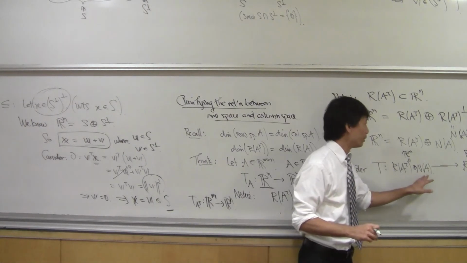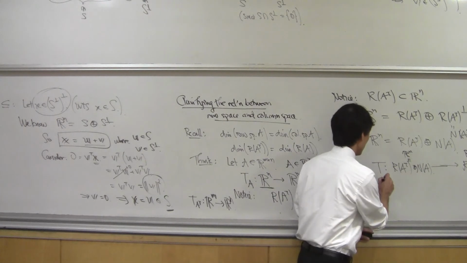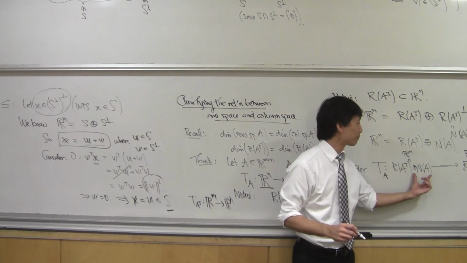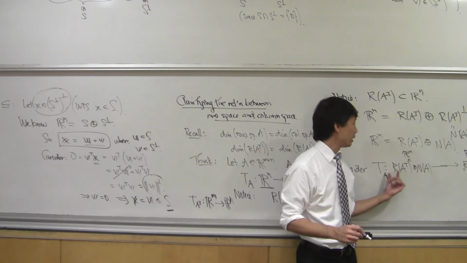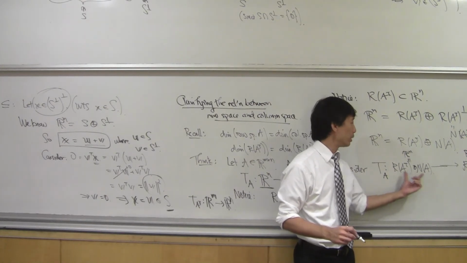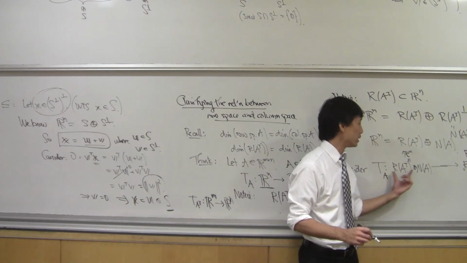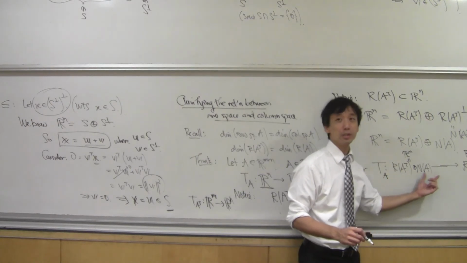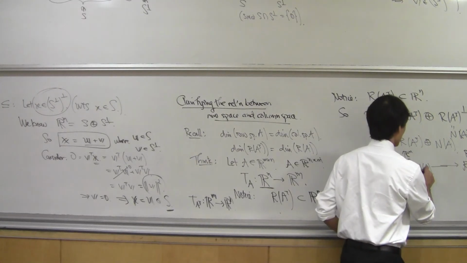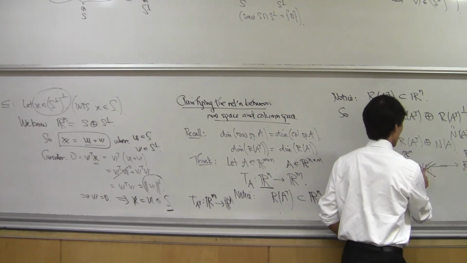Okay, so, T sub A. Now notice this null space of A: when A acts on the null space of A, it just goes to 0, right? So this null space of A doesn't contribute anything.